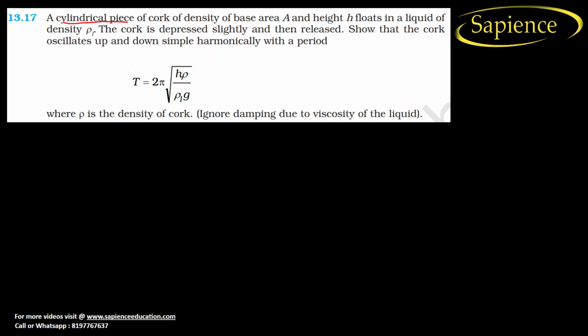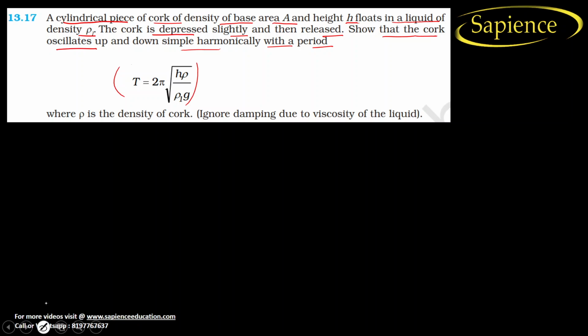A cylindrical piece of cork of density rho, base area A and height h floats on a liquid of density rho L, and the cork is depressed slightly and then released, so that the cork oscillates up and down in S.H.M. with a time period of t.